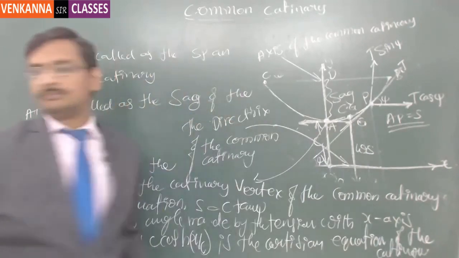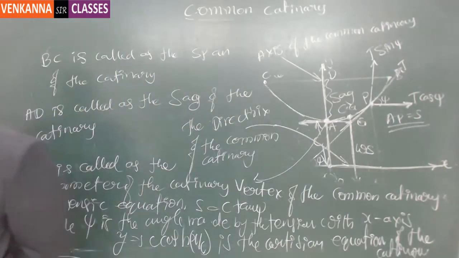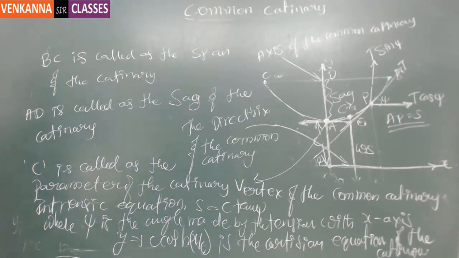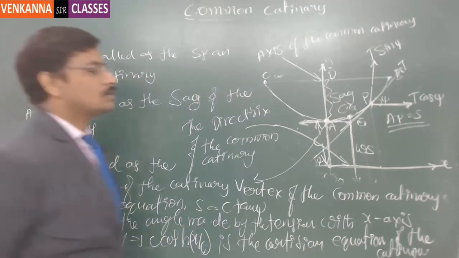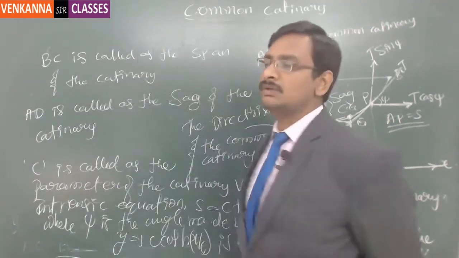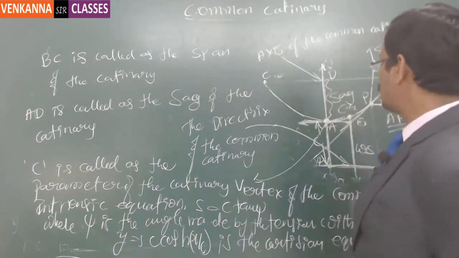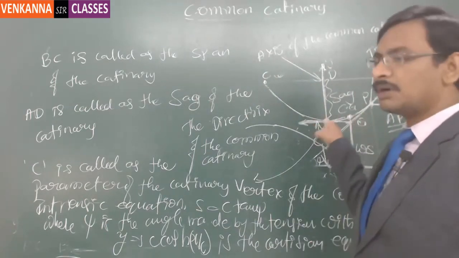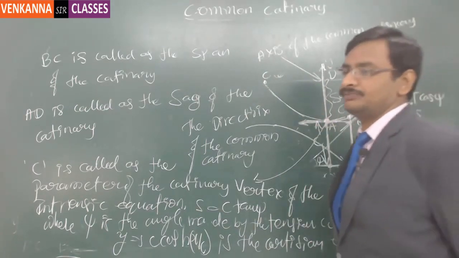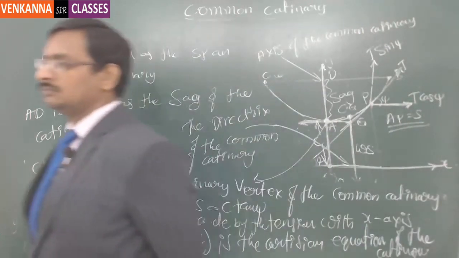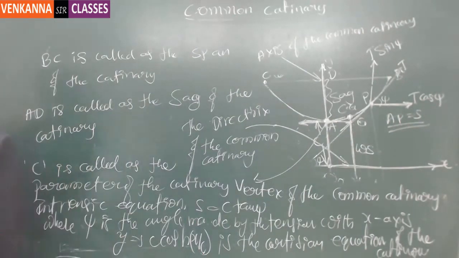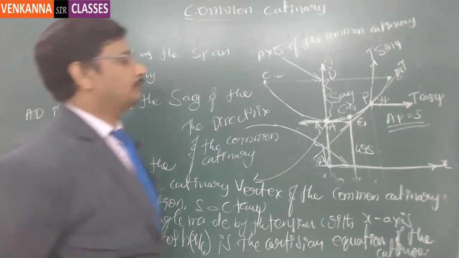Got it? c is a simple constant which represents the length of the string whose weight is equal to the tension at the bottommost point, which is the horizontal tension. Clear? So these are the terminologies we are going to use.